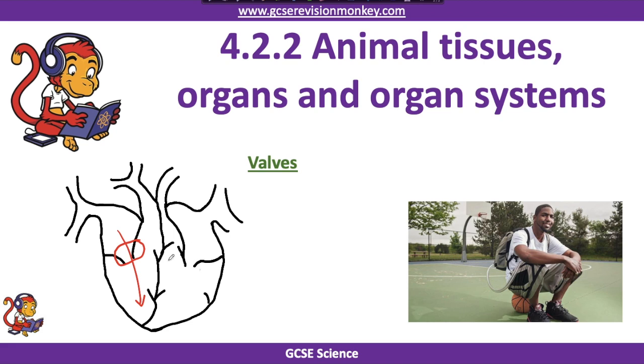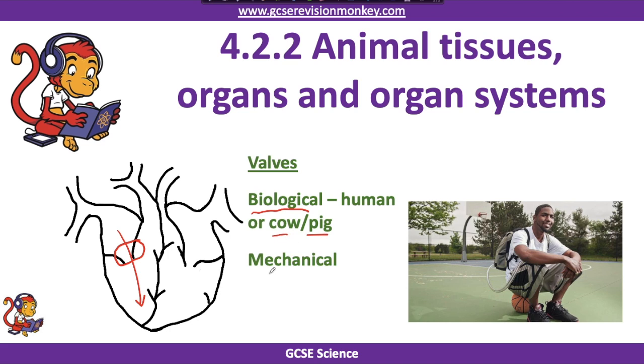So you could need your valves replacing. You could have a biological replacement, which could be a human valve replacement, or you could have a valve replaced by a cow or a pig, or you could have a mechanical valve put in instead. So rather than being made out of something biological, it will be a synthetic material to replace that valve.